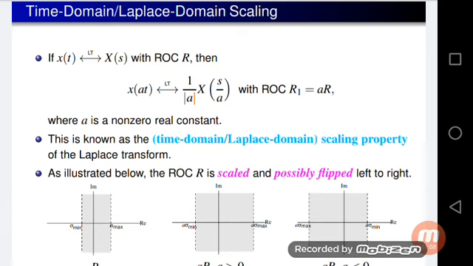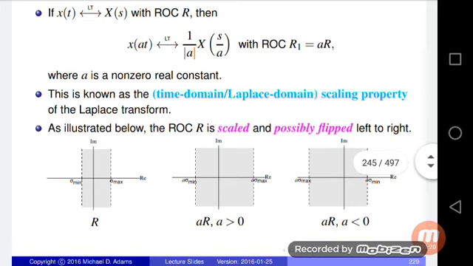As illustrated below, the ROC R is scaled and possibly flipped left to right. For example, the wave lies in the middle of the scaling.